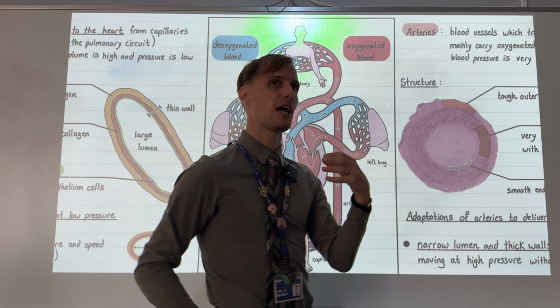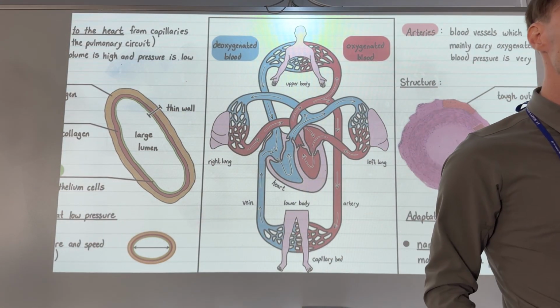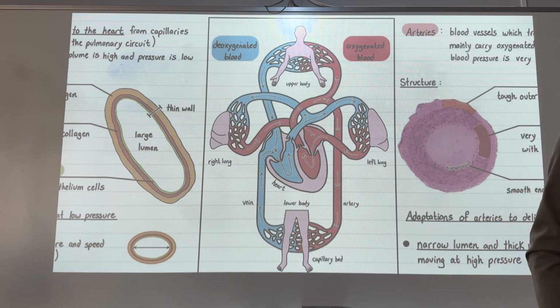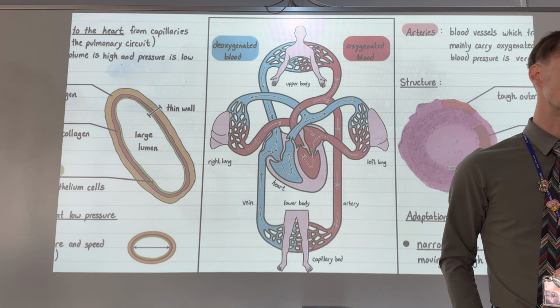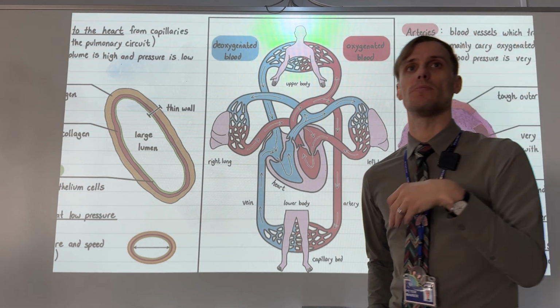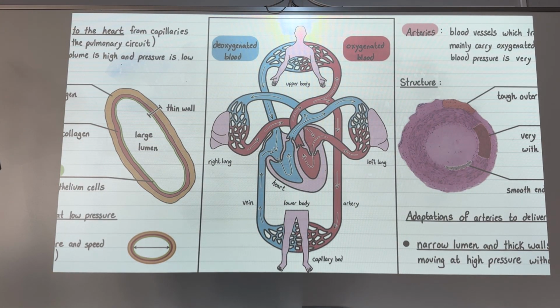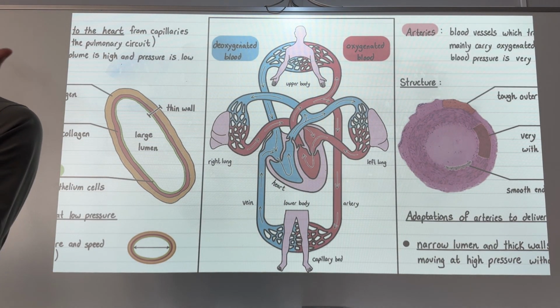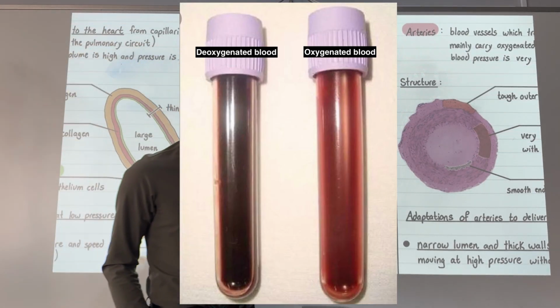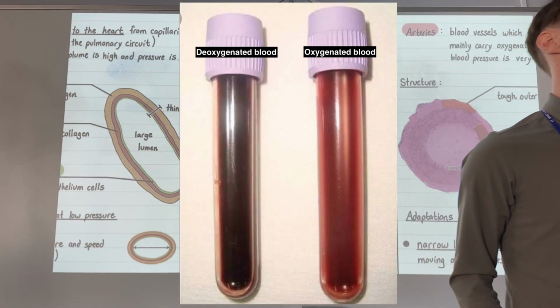This is probably a good time for me to explain that in reality, your deoxygenated blood is not actually blue. All of the blood in your body is in fact red. The main difference is that oxygenated blood is a very bright red versus deoxygenated blood is a very, very deep red, almost purplish.